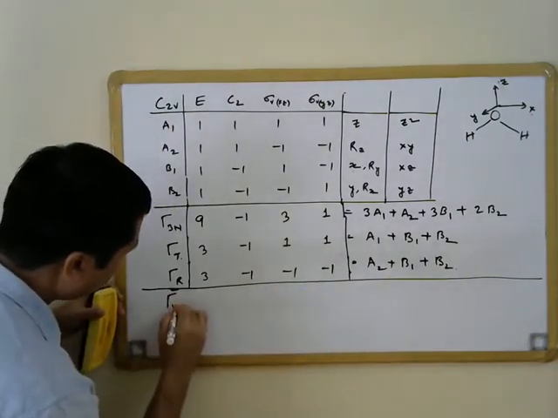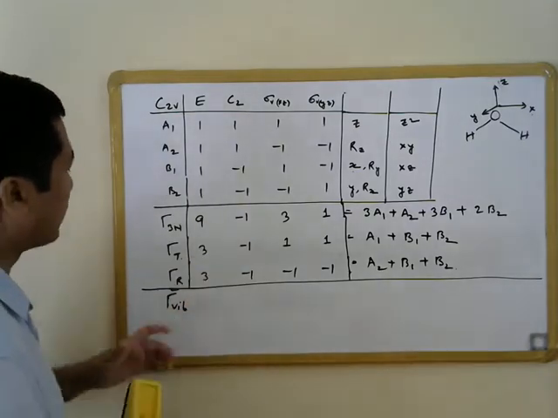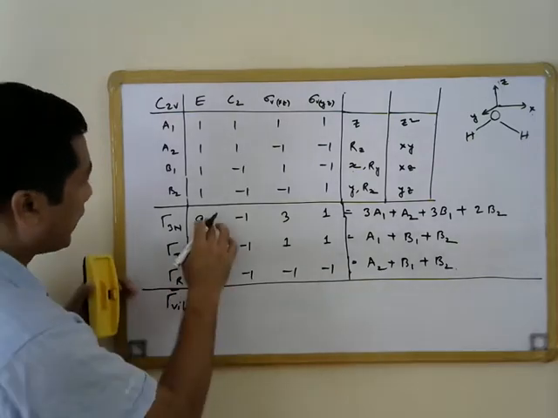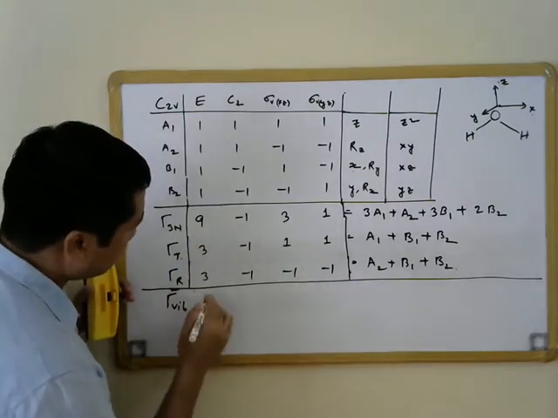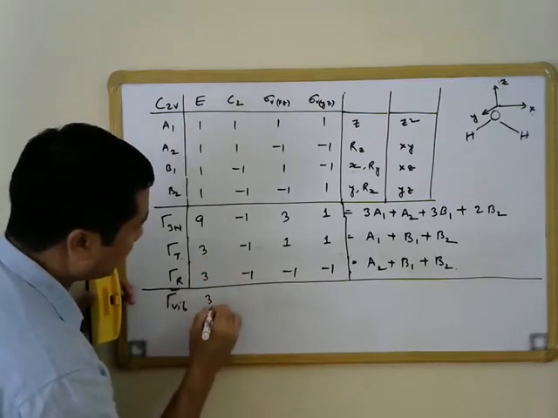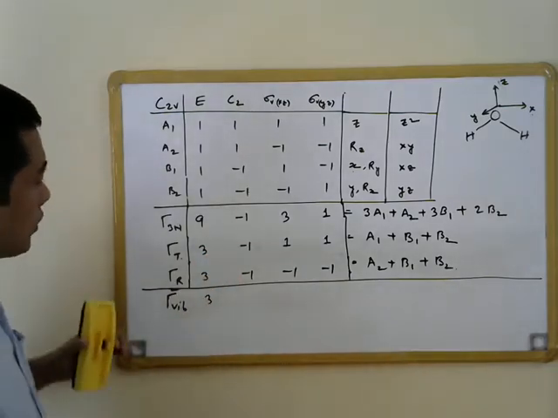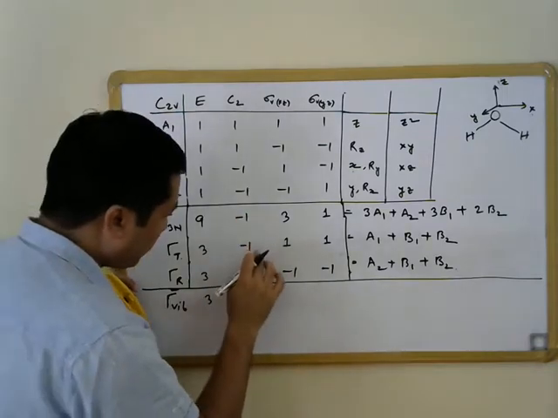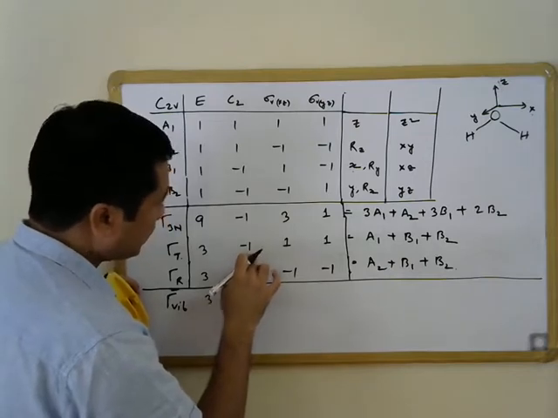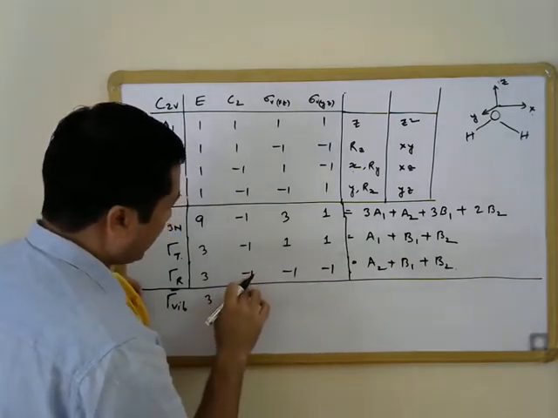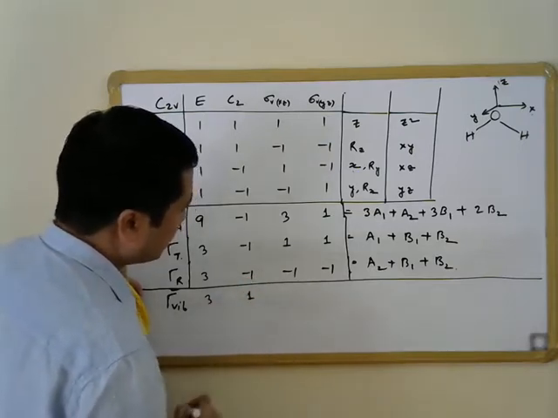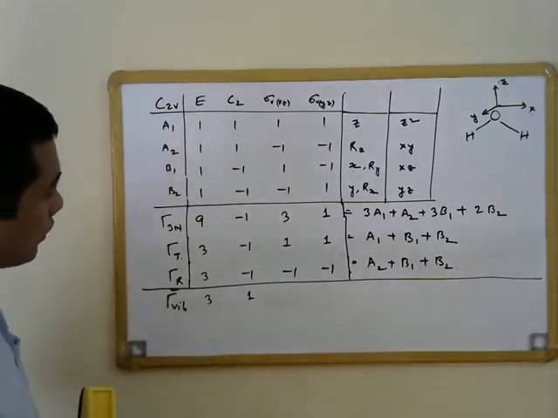So gamma vibrational: take the character of gamma 3n and deduct the characters of gamma t and gamma r. So 9 minus 3, again minus 3, 9 minus 3 is going to be equal to plus 6, minus 3 is going to be equal to plus 3. So minus 1 minus minus 1, this is going to become plus 1, so this is going to be equal to 0, and then minus 1 is going to be there, so this is going to be equal to plus 1.